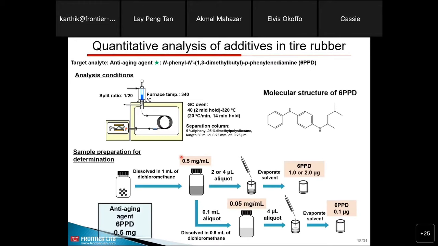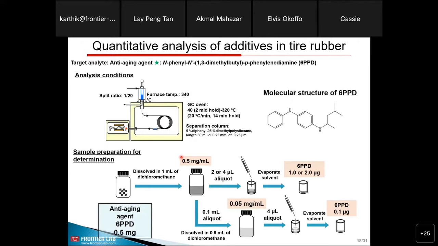Now, our interest is not only in the rubber composition, because even the rubber material performance can be altered or influenced by the different additives present in this material. So here I'm just showing one example of how the additives can be measured quantitatively.